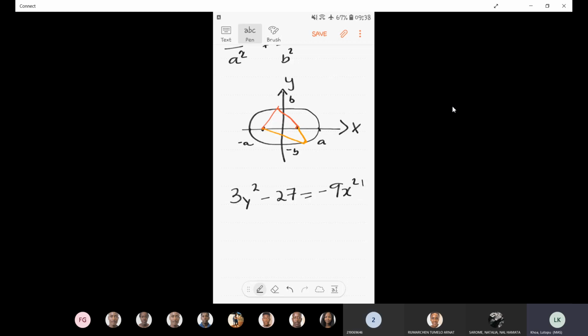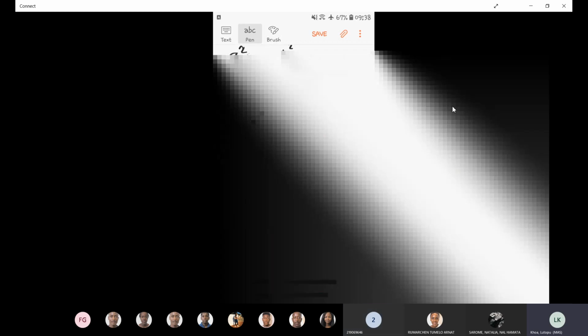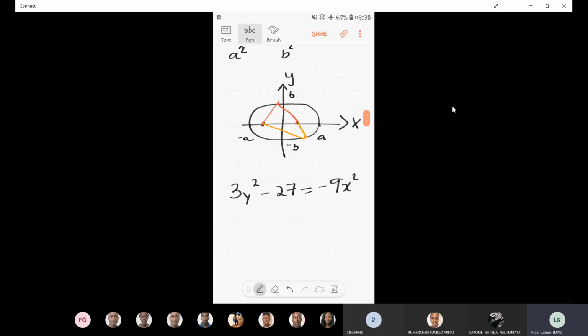Okay, so this is the question we have, and when you're given any equation, you should be able to identify whether this is a line, a circle, an ellipse, and so on. Okay, so here I will rewrite this in standard form. That means x and y on one side.